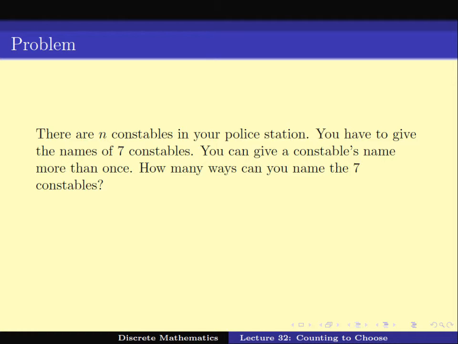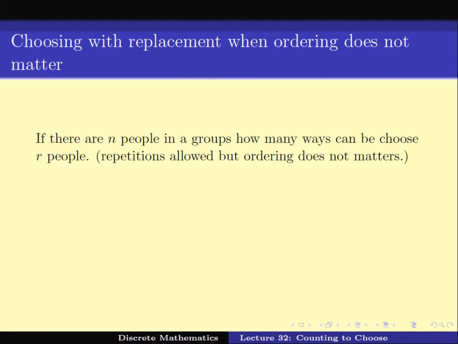So in other words, what I am asking is, let me go for the general problem here, that there are n people in a group. How many ways can you choose r people when the same person can be chosen a few number of times? Repetitions are allowed, but ordering does not matter. I don't care about the ordering inside each group.